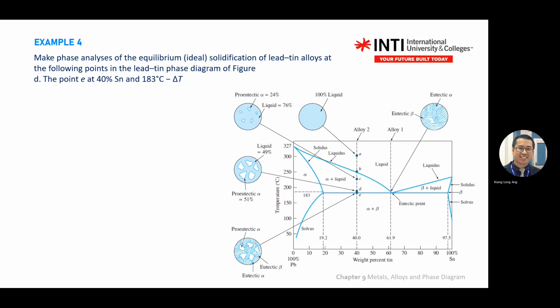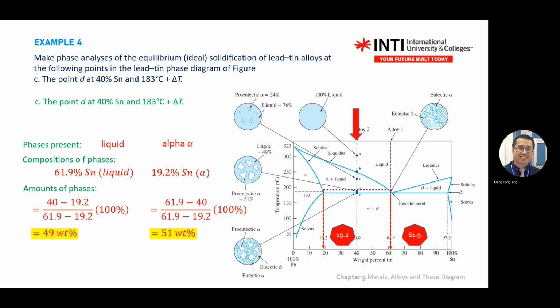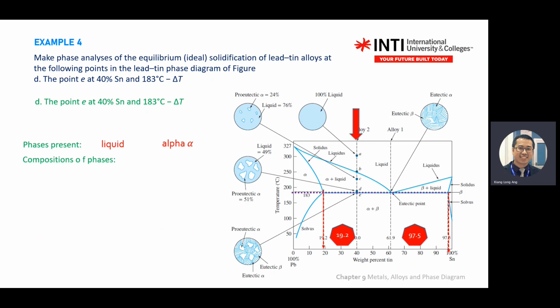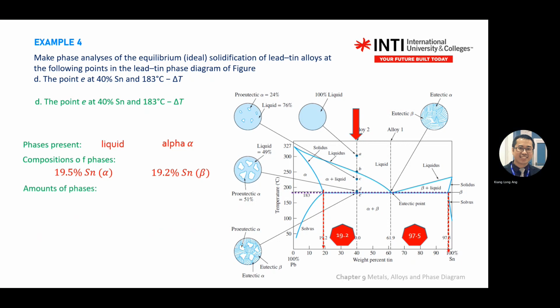Okay. For D, it should be alpha and beta. Composition, alpha should have about 19.2. I think something is wrong with my answer. And beta should have 97%. Okay, typo error in my slides there.